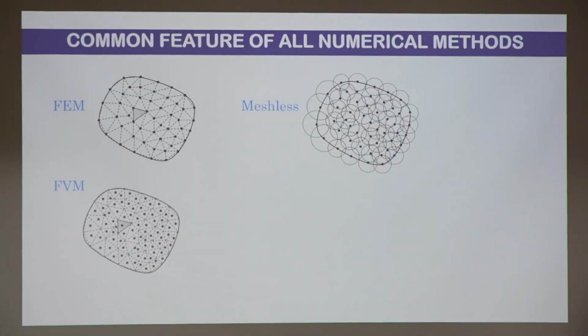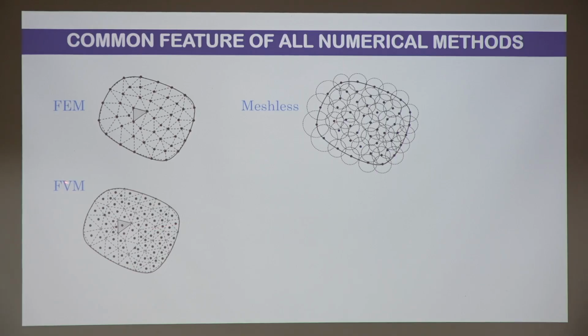It's not a sin. Okay, so now I want to mention something about all numerical methods sharing some common features. So take finite elements: discretization with some shapes. I'm only showing triangles, but they could be quadrilaterals. And then the meshless method. All these circles are what they call compact support for the interpolation functions used to derive the discrete equations.